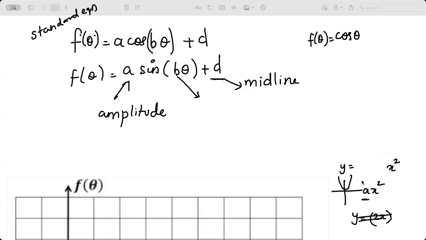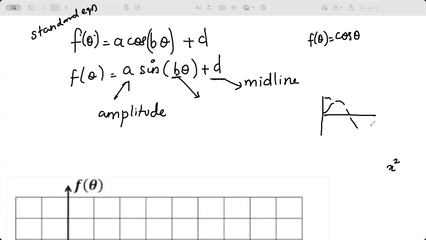The same concept applies here. On the theta, let's say our parent sine graph was this. Because of the b, it gets thinner or thicker, meaning wider. The b value gets multiplied by the theta, so the period will change.